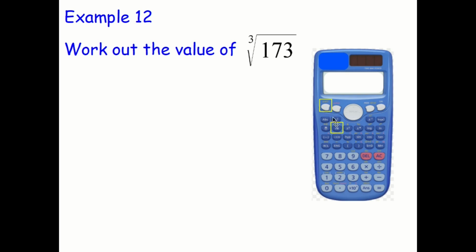So by pressing shift and then that button, you get to the cube root function, put in your 173 and press equals, and you should get the answer 5.57205. And then I'm just going to put a few dots after it because it does go on.